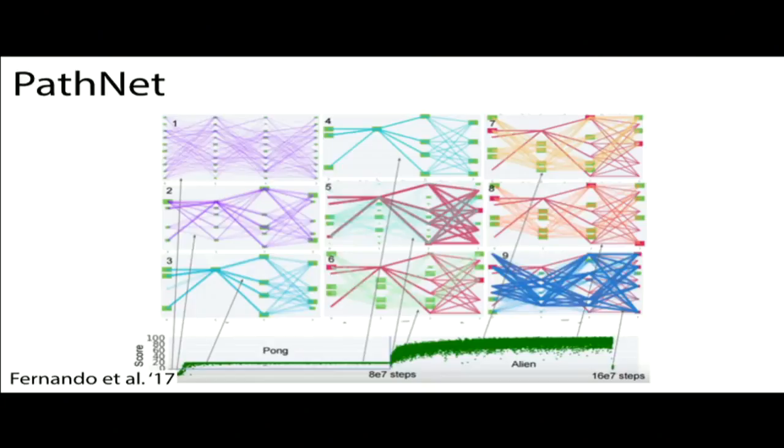Then they freeze the path and the weights for Pong, shown in red at step 5. Once they freeze the weights for Pong, they reinitialize a population of paths for learning Alien, and evolve the path and learn the weights simultaneously for the new game Alien. Those are shown in blue in the final image.